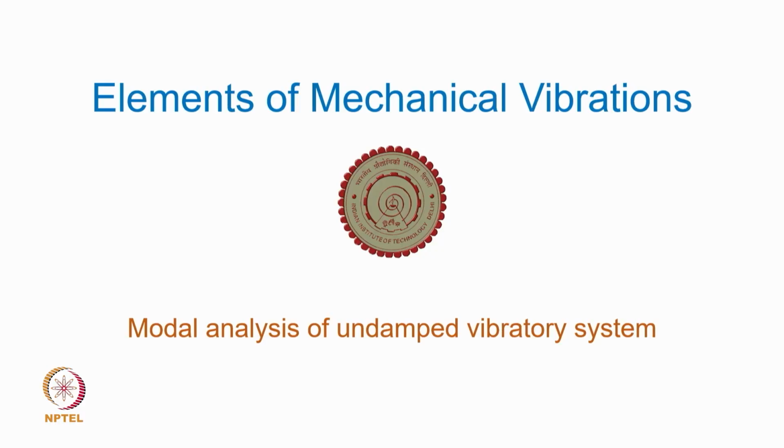Hello and welcome to this session of the course Elements of Mechanical Vibrations. In the previous session we discussed how the orthogonality property of eigenvectors can be a powerful approach of decoupling the governing equations of motion, and hence a computationally much more elegant and simpler way of solving the vibration response of a large degree of freedom system.